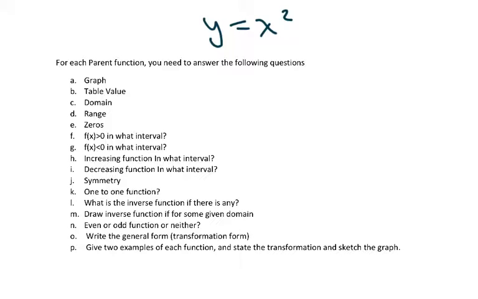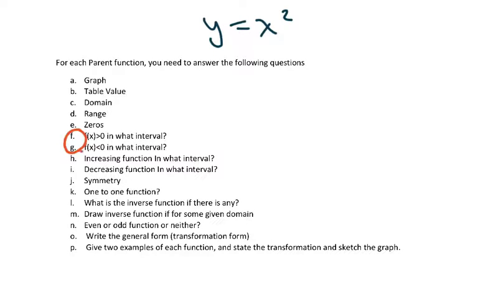Hi everyone, we're going to find information and answer these questions for a quadratic equation, y equals x squared. We're going to graph it, do the table of values, and so forth. Basically, these two are where y is positive.